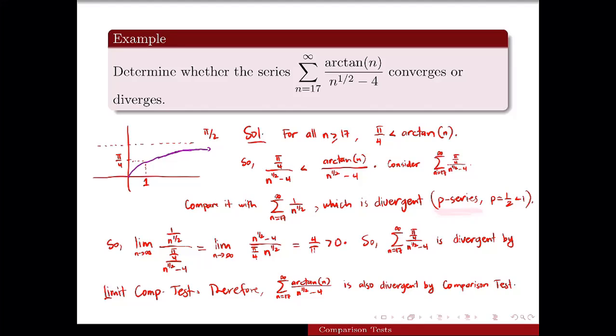It's immediate to us. We use the p-series test. And then we use the comparison test or the limit comparison test. But there will be times you will have to use a lot of tests before you will get your conclusion. A chain of tests. Okay?